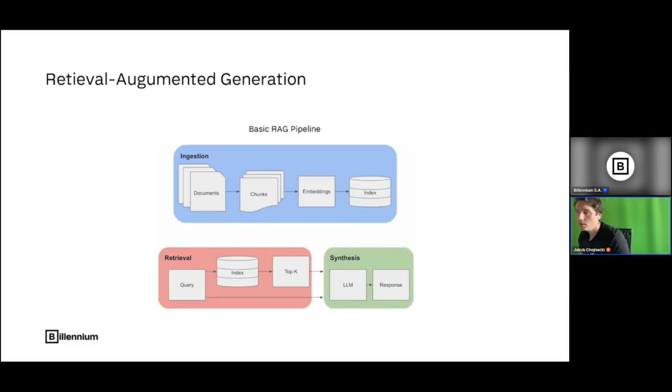And how it works: retrieval augmented generation consists of 3 steps. The first step is the ingestion. Given your documents in PDF format or Word format or images or whatnot, first of all, we would like to chunk them. This is due to the fact that your documents might have different numbers of pages and words, and generative AI works best when you have the same number of words or tokens per chunk of information.